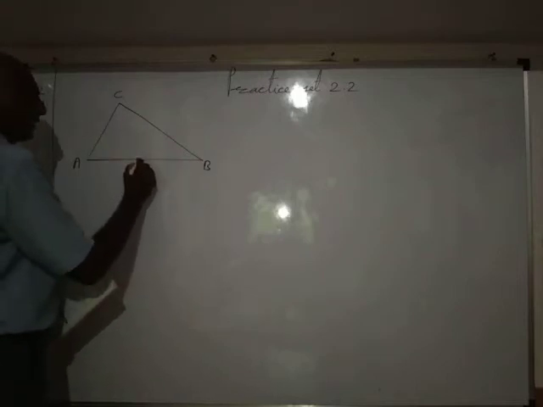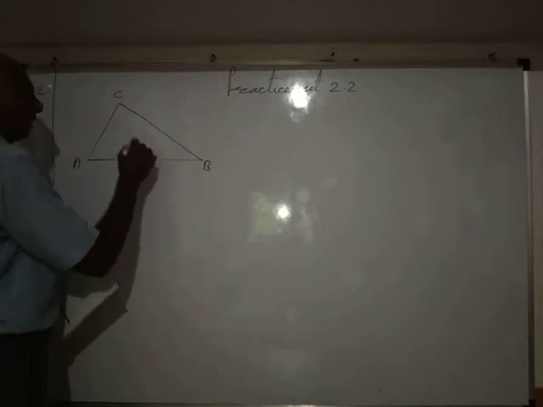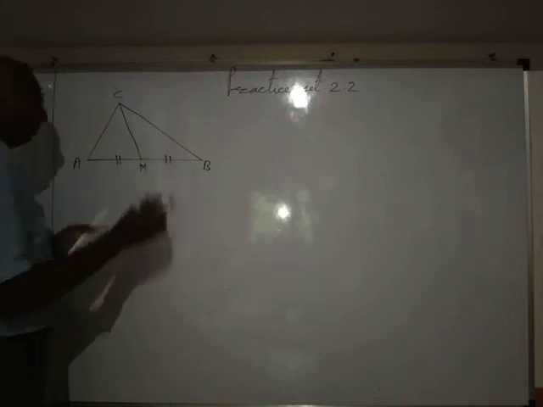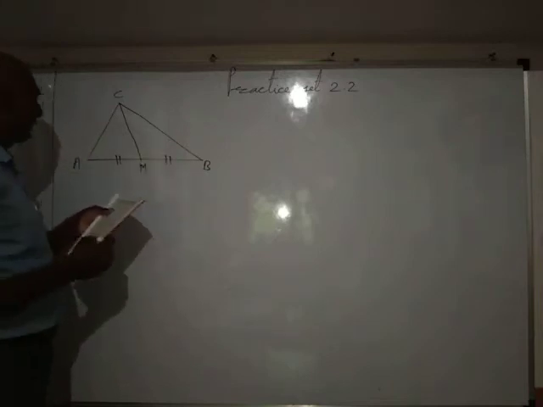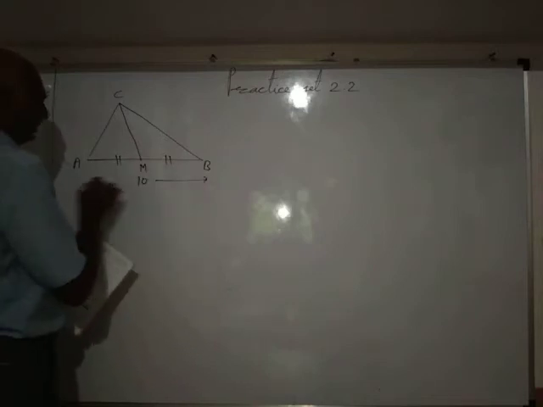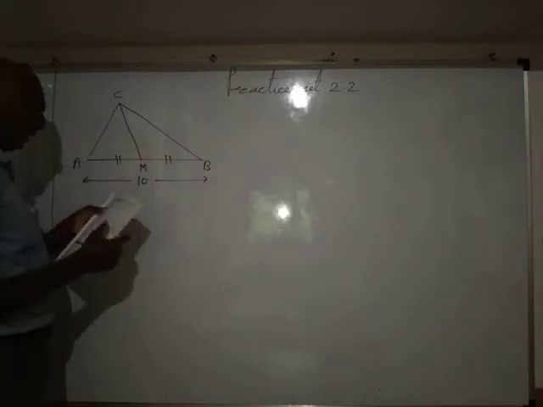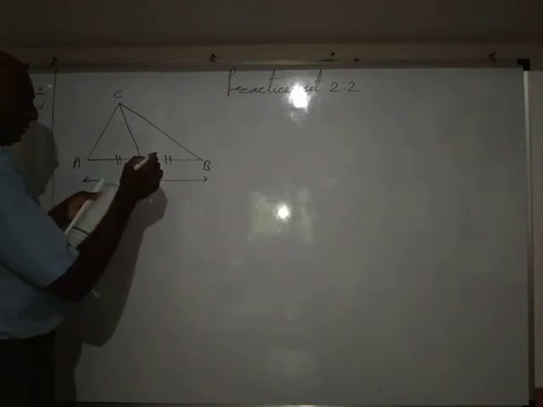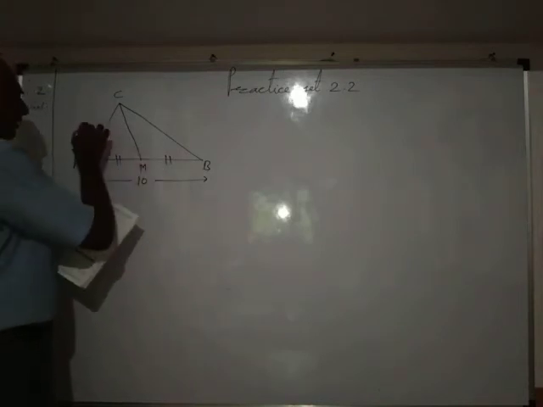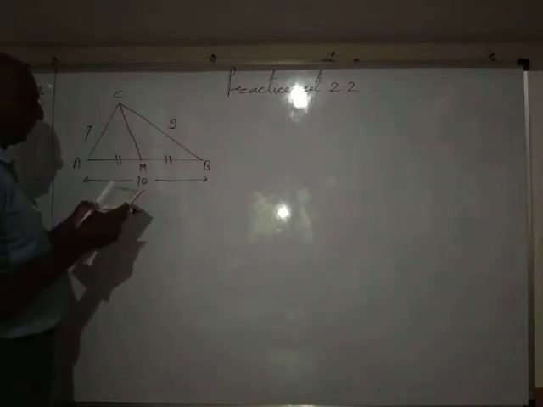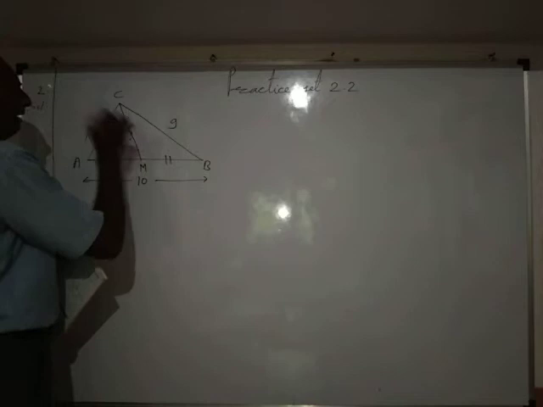In this triangle, M is the midpoint of AB, and therefore seg CM will be the median. AB equals 10, BC equals 9, AC equals 7. Then find the length of the median.